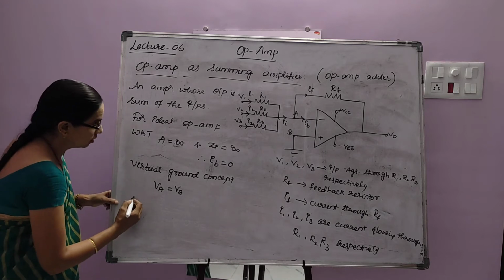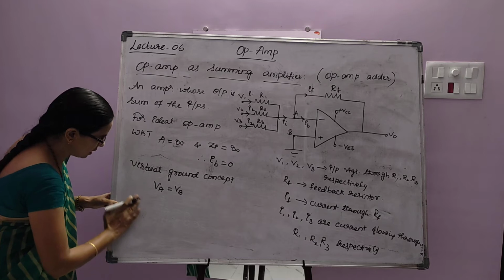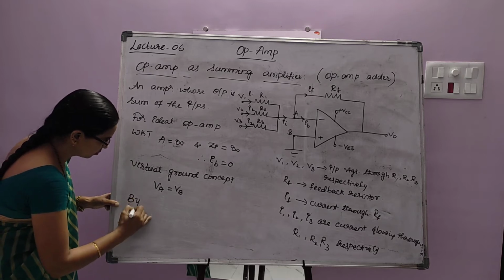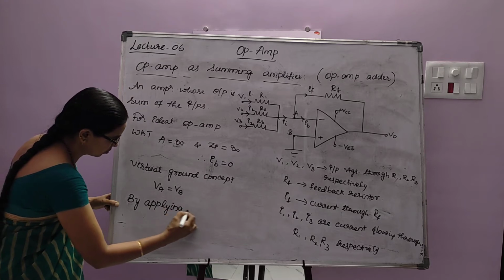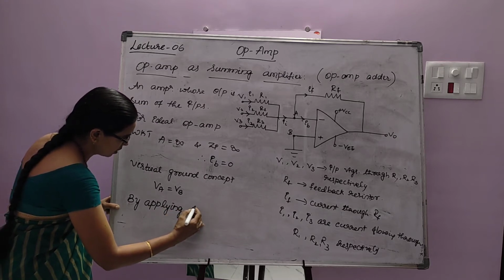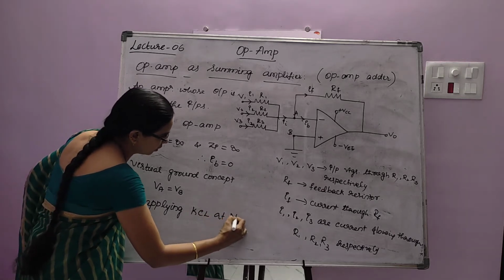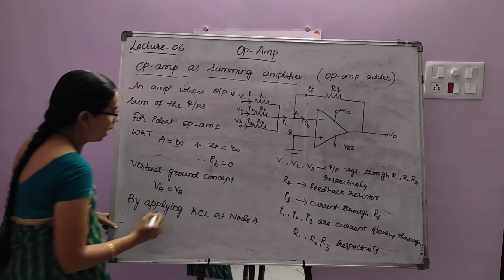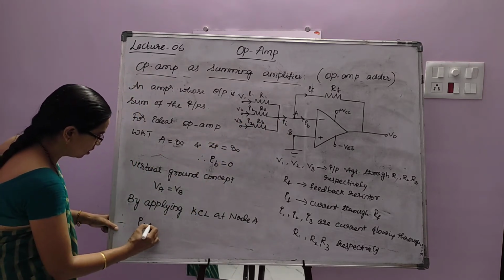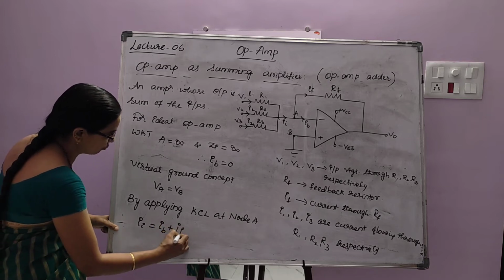And by applying KCL at node A, here I is equal to IB plus IF.